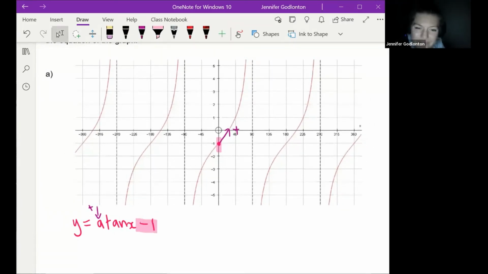Next thing. What do you think we can do for our last little step? So now we're trying to find A. I want you to try and think about what we did in our sine and cos graphs. How can I find A when it's my only missing variable? What could I do? I'm open to all suggestions.